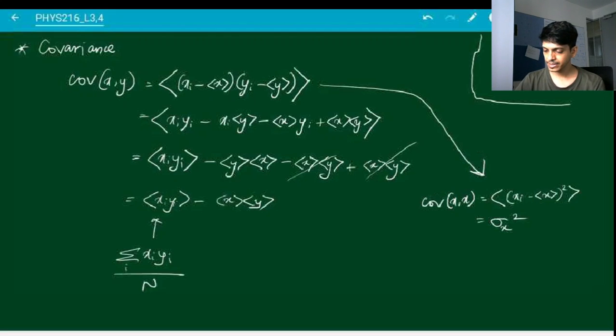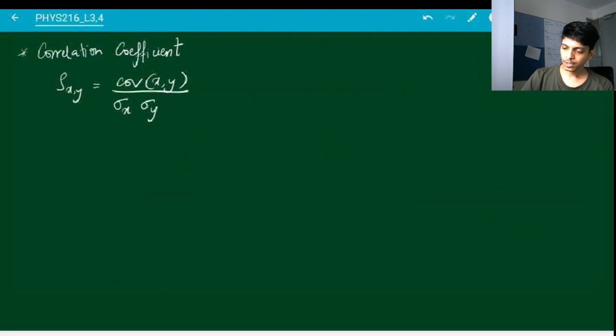So in some sense, the variance is a special case of the covariance, or the covariance is a generalization of variance when you have multiple variables in your system. So this is the correlation coefficient that we have defined.